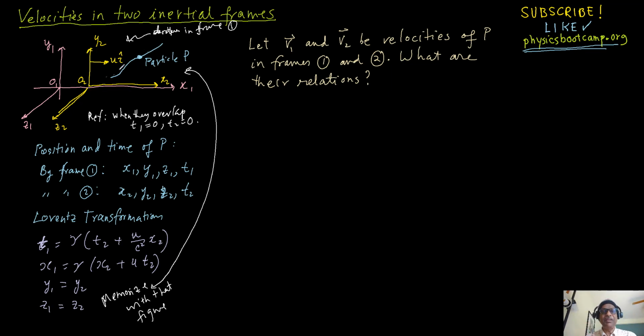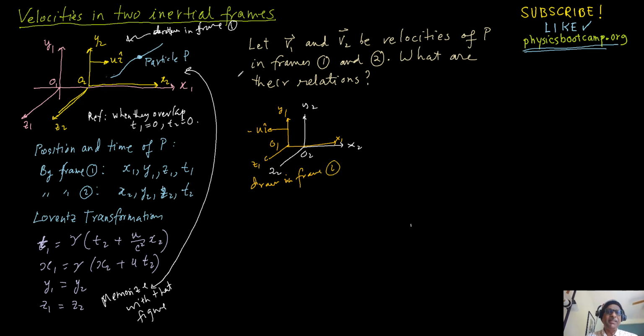But I could have drawn this guy y2, z2, o2, x2, and then we would have the other guy x1 moving this way with minus u i hat, y1, z1, o1. When you draw something like this, it is drawn in frame 2. And they're kind of equivalent.